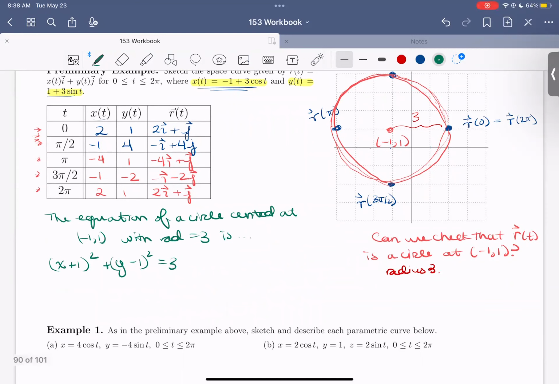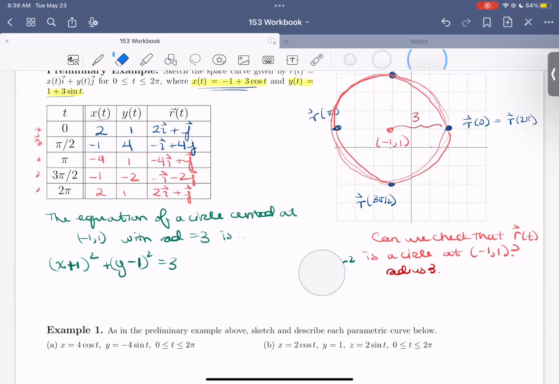In general, if the center of our circle is (h, k), the equation of a circle with radius r looks like x minus h squared plus y minus k squared equals r squared. So that's why you see the plus with the x here if our center is at -1 in the x direction, and then a -1 next to the y if our center is at +1 in the y direction.